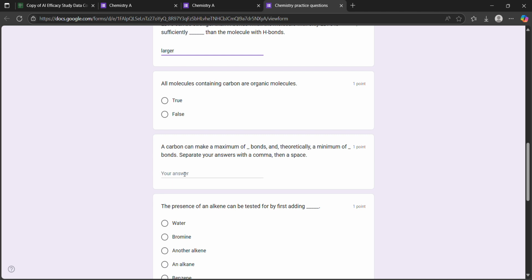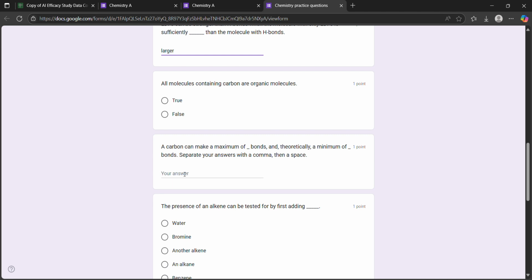So valency is 4 and the minimum bond I think it can make is... But carbon, I think, can exist without a bond, right?